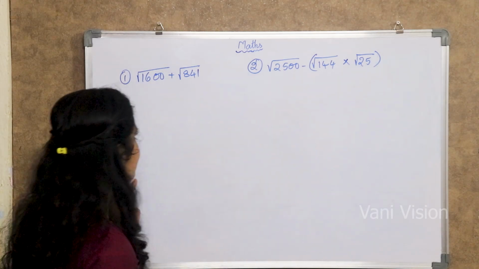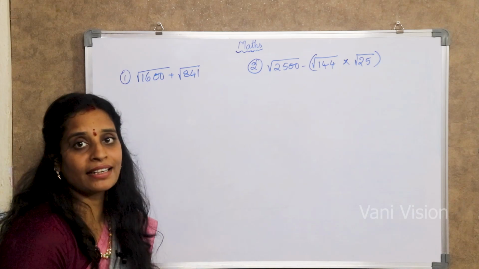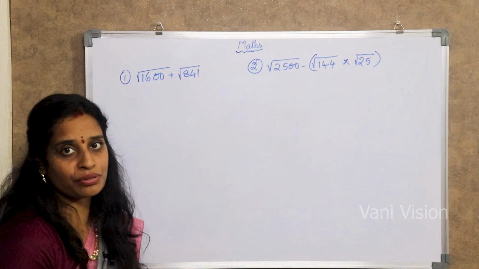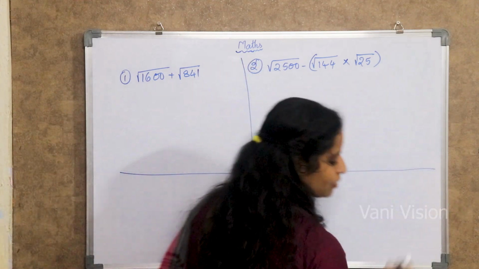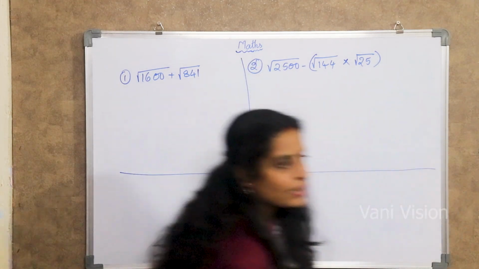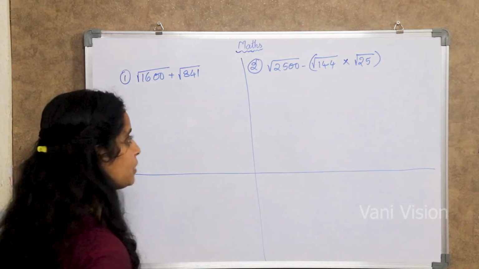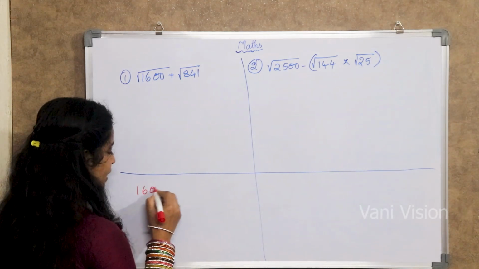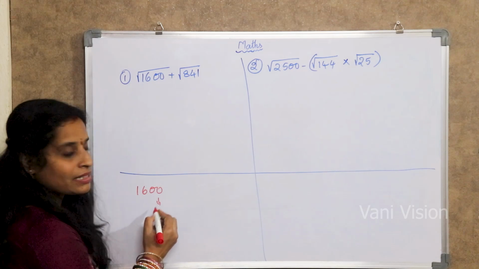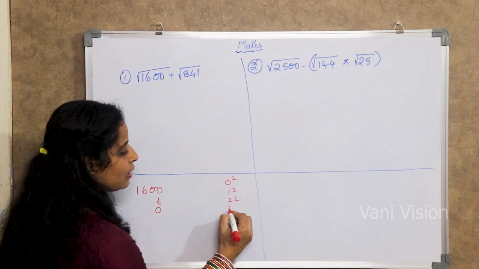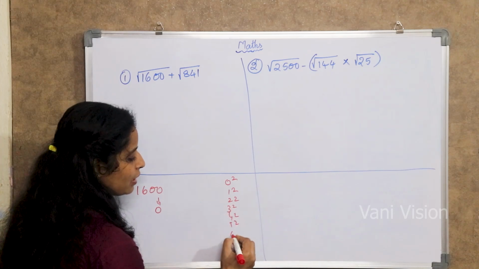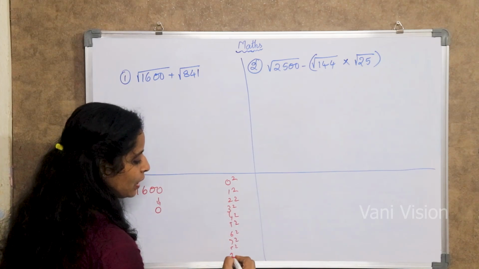Clear? So first, square root of 1600, how are you going to find it? As we have used the trick, make a rough column down here. In the rough column you have to find the square roots of the numbers. See, 1600. 0 square means 0. We should know this: 0 square, 1 square, 2 square, 3 square, 4 square, 5 square, 6 square, 7 square, 8 square, 9 square.